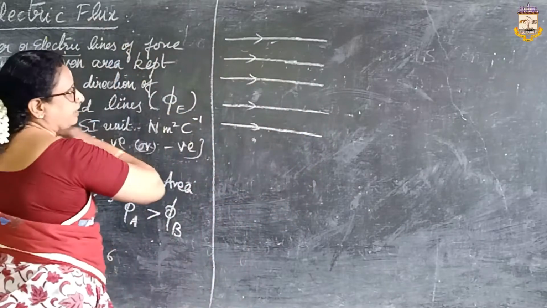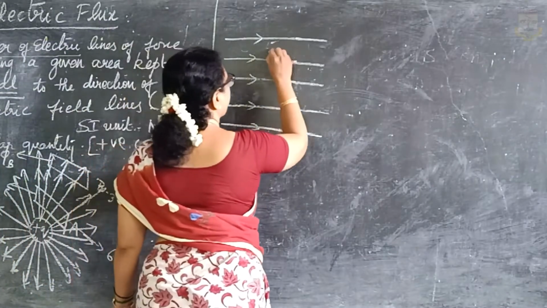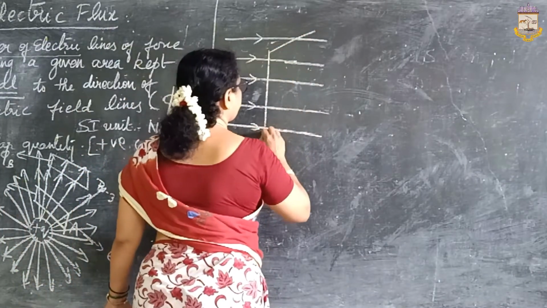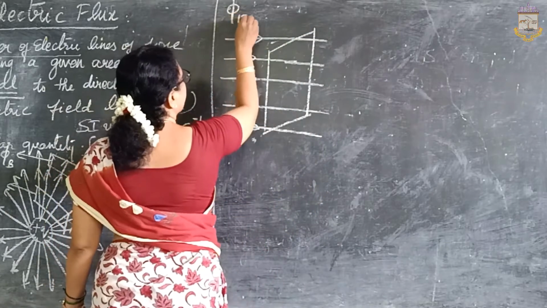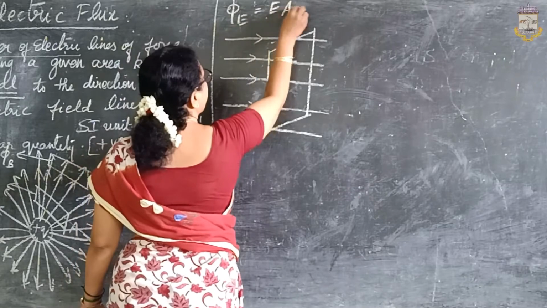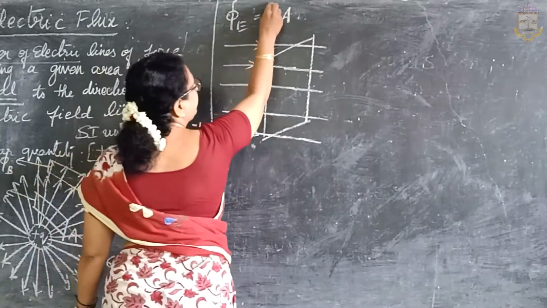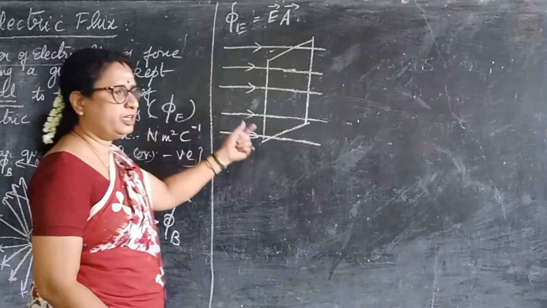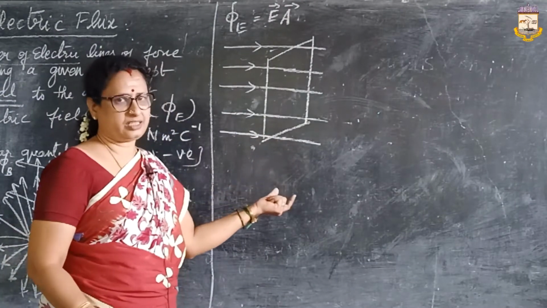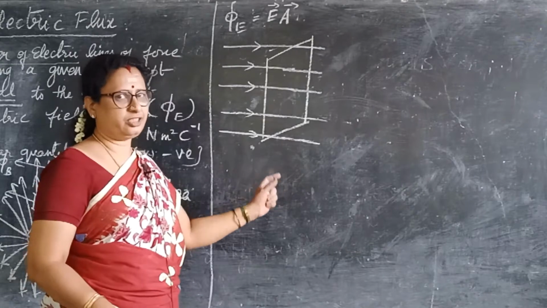In order to define electric flux, I have to draw an area. So electric flux phi E is given as E dot A. E is the electric field and A is the area vector. Why do we call it that? Normally we know area is generally a scalar because area is generally length into breadth.